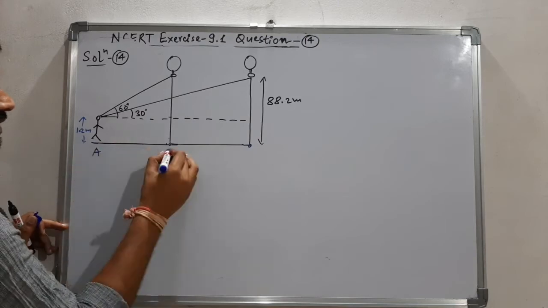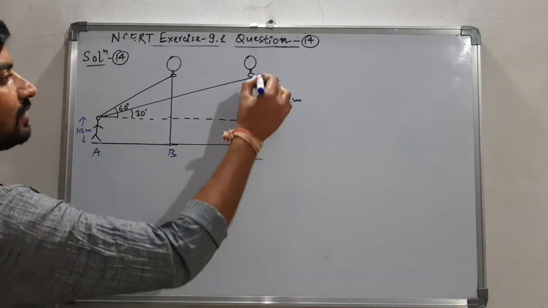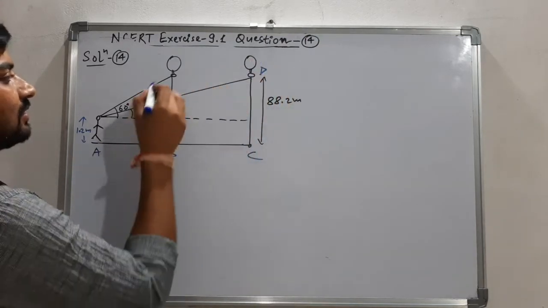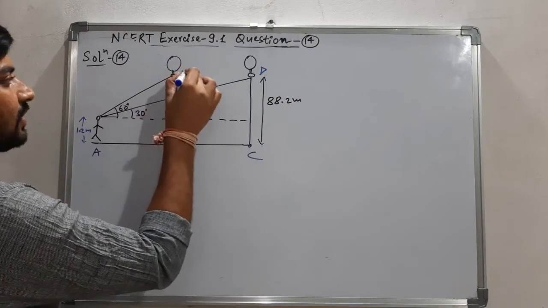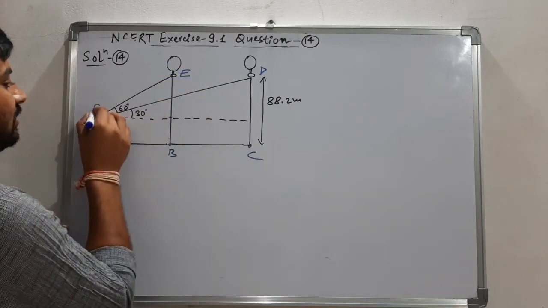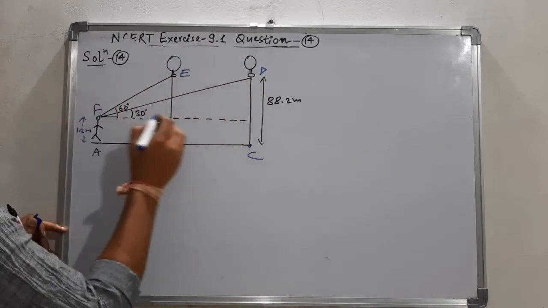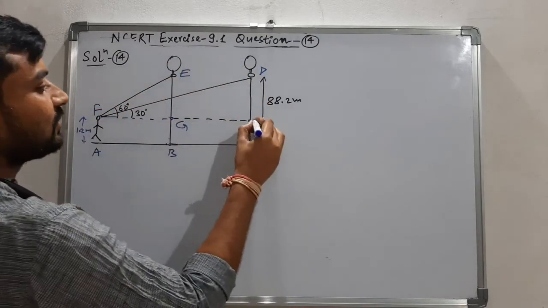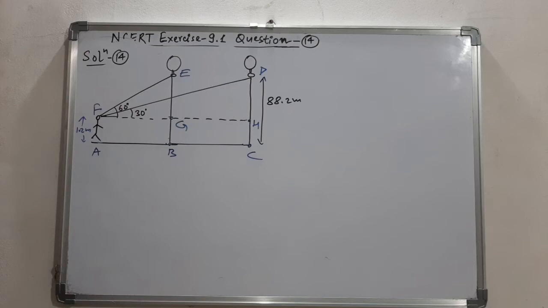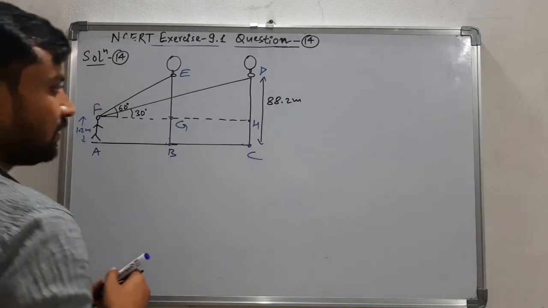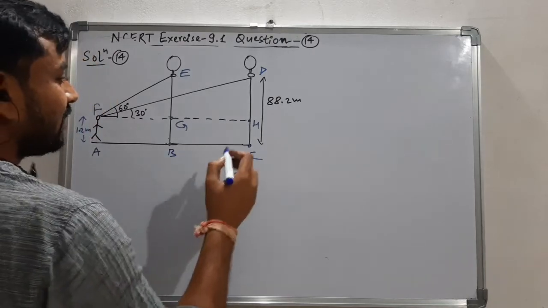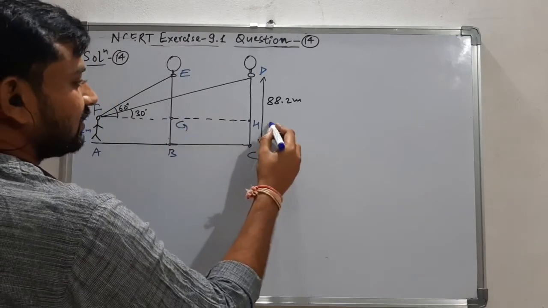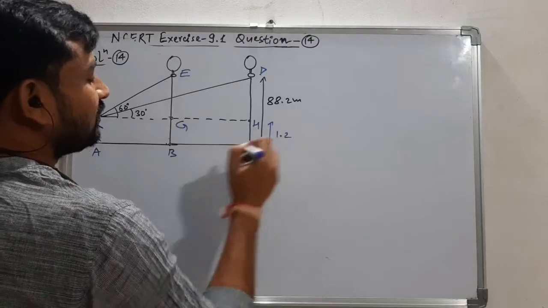Let me label the points A, B, C, D, E, F, and this point is G, and this one is H. Now we have to do one very simple calculation. If we look at this height, HC is the same as the height of the girl.